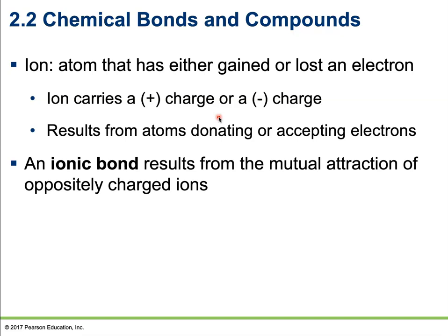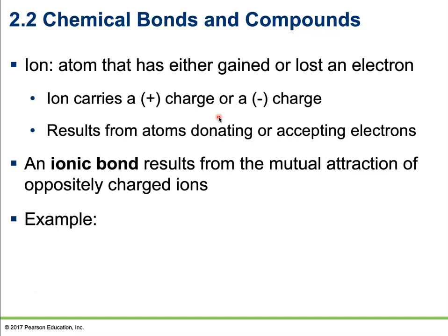What happens is that we form an electric bond based on the mutual attraction of oppositely charged ions. We'll walk through the process of what this looks like. But if we have an ion that suddenly gains an electron, it's going to have a negative charge. If we have an ion that suddenly loses an electron, it's going to have a positive charge. And that attraction between a positively charged ion and a negatively charged ion is what's known as an ionic bond.